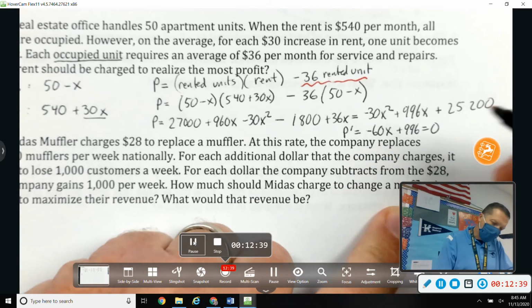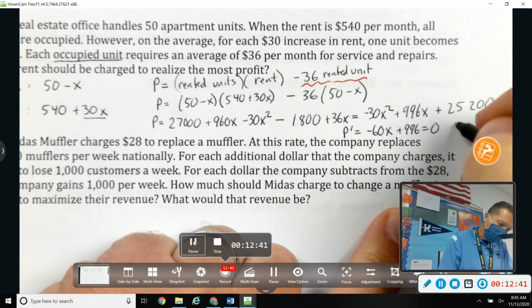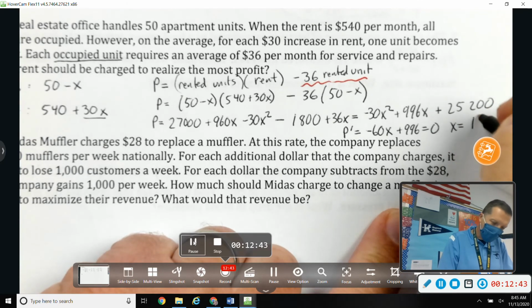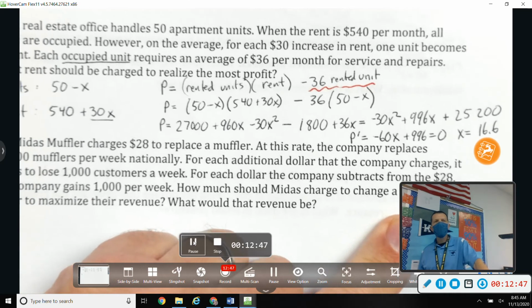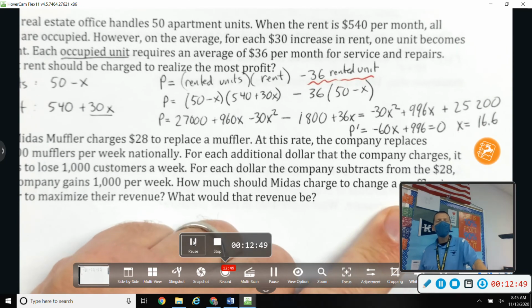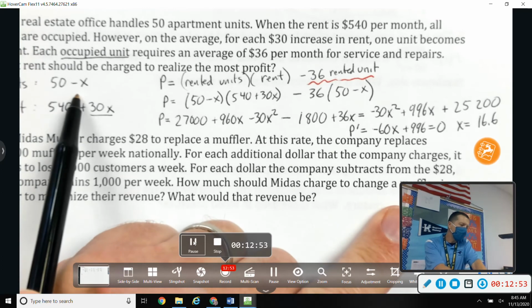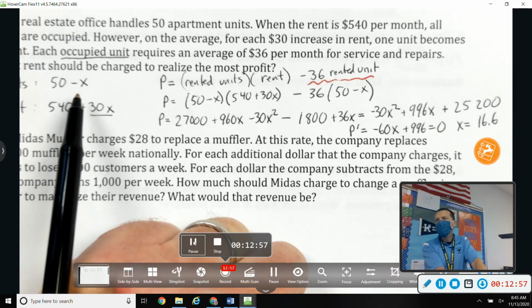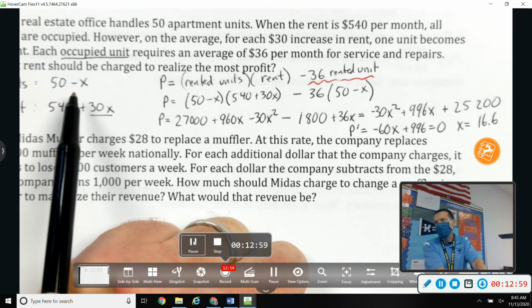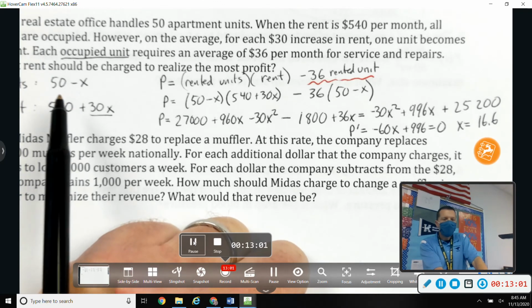Oh, this is a little bit weird here. I get x equals 16.6. But for this particular problem, I can't rent out 0.6 of an apartment, right? So I think I just need to check.